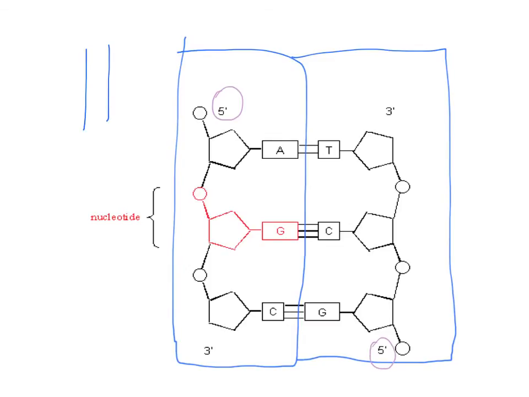So because they're flipped, we call them anti-parallel, and that's important because you'll hear that term anti-parallel again. So they're flipped, and that actually makes it a little more difficult when the enzyme is making copies of these 2 strands and making sure that everything is in its appropriate place.